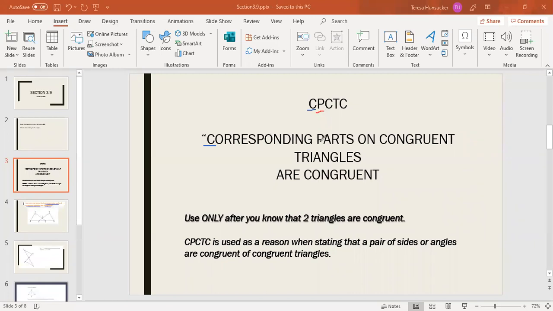This should be of congruent triangles are congruent.